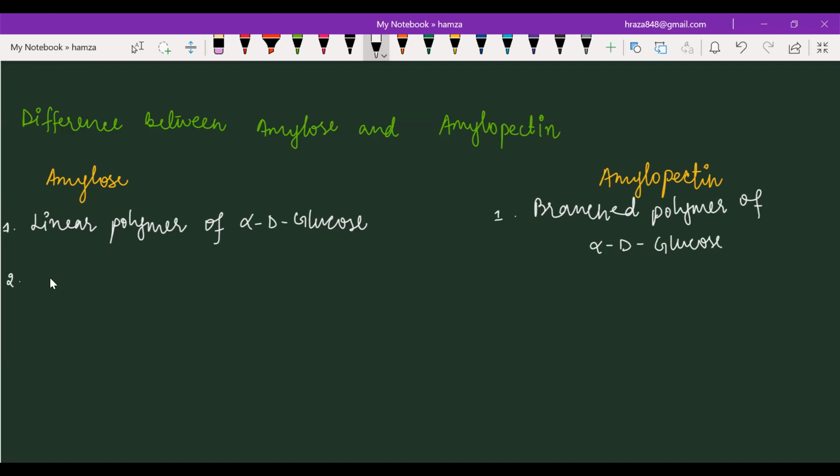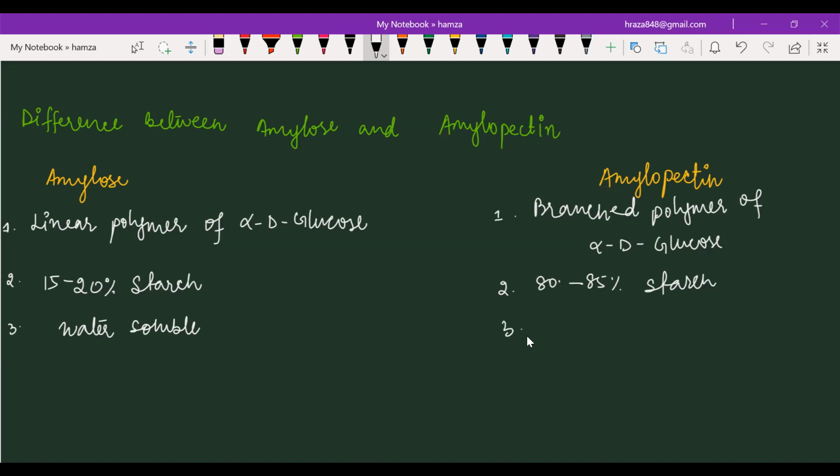Next, only 15 to 20% of starch is from amylose. And here, 80 to 85% of starch is present; we can extract 80 to 85% of starch from here. Third, amylose is water soluble, and this point is very important for distinguishing them. Third, amylopectin is water insoluble.